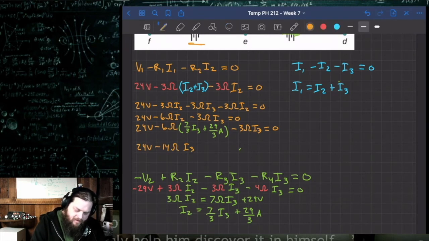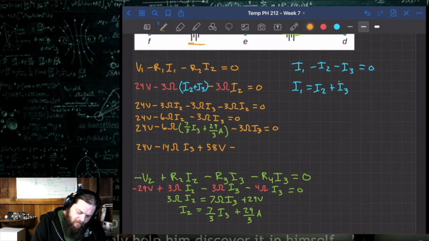Doing the same thing, that negative 6 ohms times the 29 over 3 amps. Distributing that through, we're going to end up with double of that 29. Double of that 29 should be 58, if my math is right, plus 58 amps. Again, amps times ohms is going to be volts in this case.